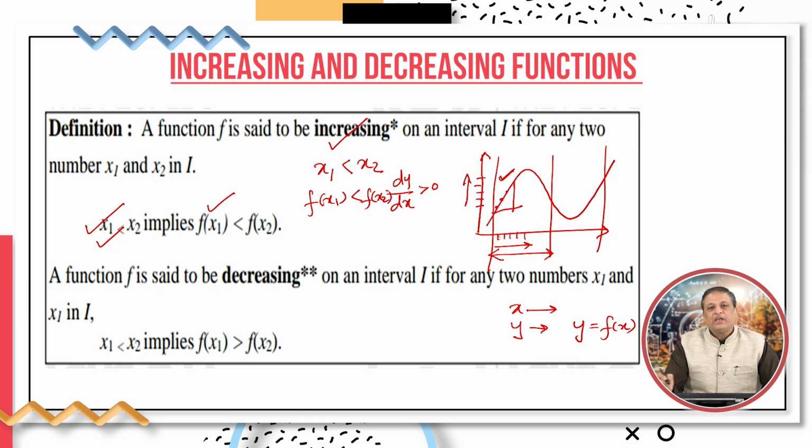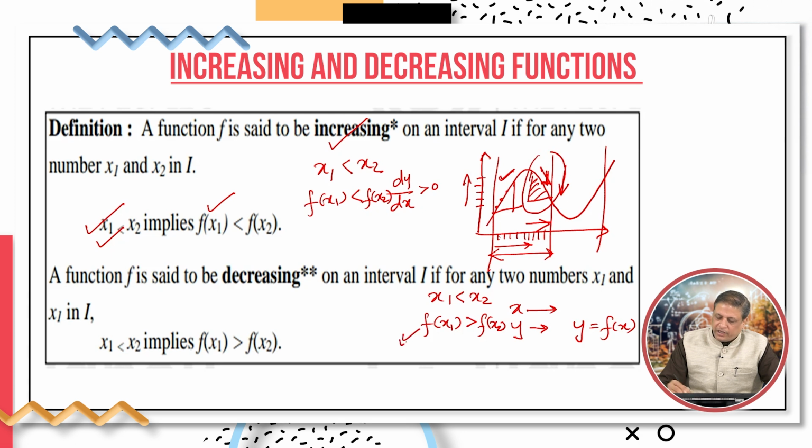But if x1 is less than x2 and f(x1) is greater than f(x2), likewise in this section, you can see that the value of x is increasing, but the value of y is decreasing. So, in this section the slope is negative, that means the function is decreasing.